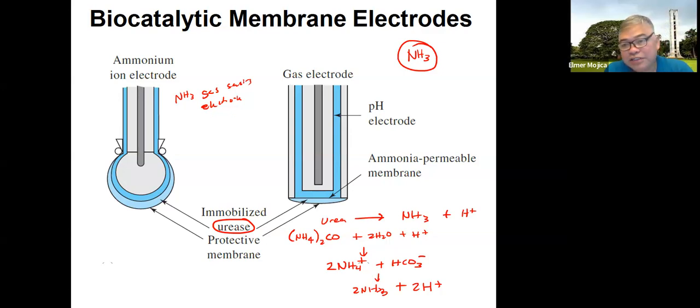So how do you think they fix, or immobilize this thing? So they usually put what? Cross-linking, okay? But if you cross-link, are you sure you're not going to react with the ammonia or with the enzyme?